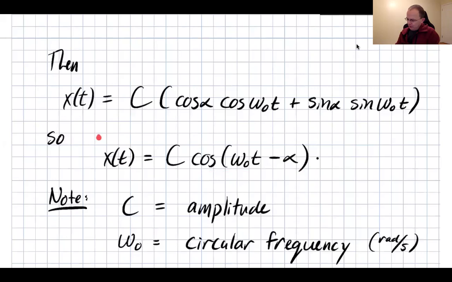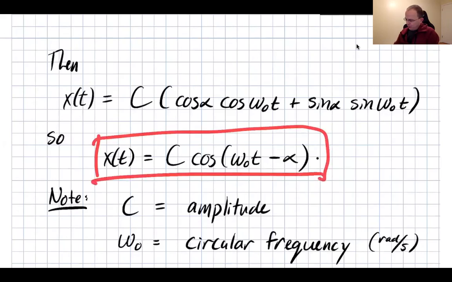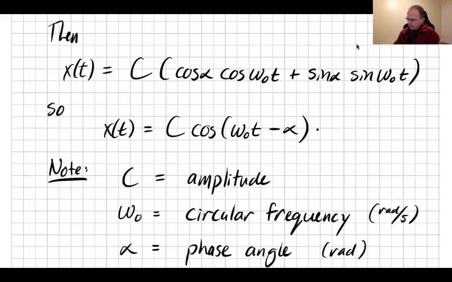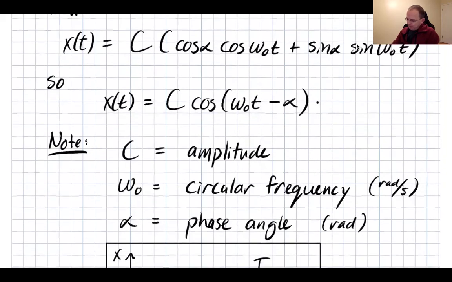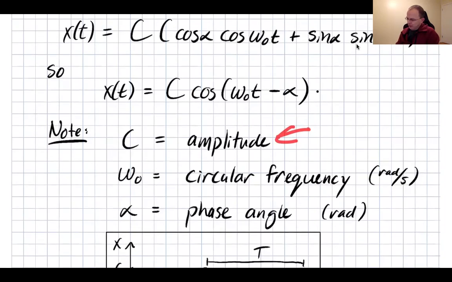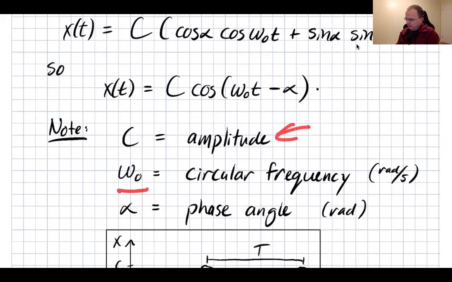And that gives us our final form that we're interested in. And as I've said a number of times, this C that appears here is the amplitude. So that's really good to know. Omega naught, as I've mentioned, is the circular frequency in radians per second. And then alpha is the phase angle, and that's measured in radians.